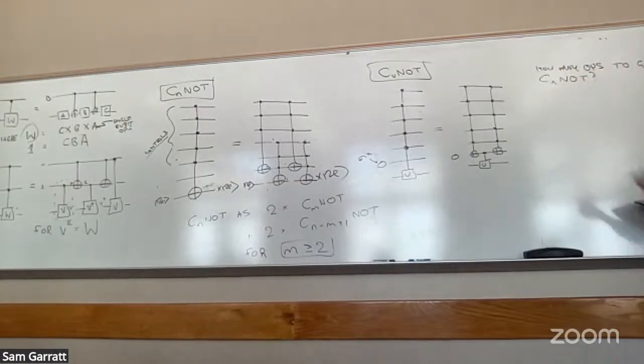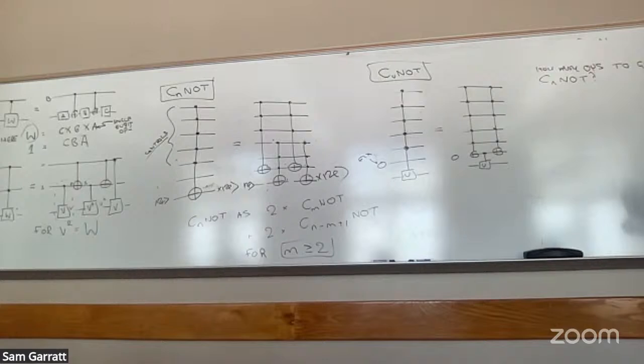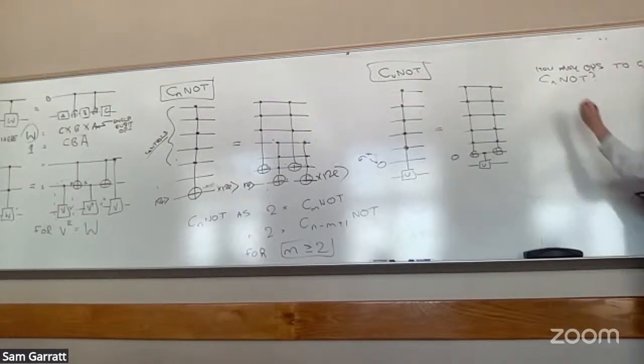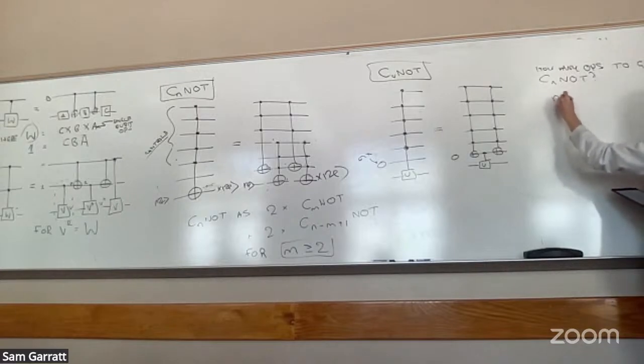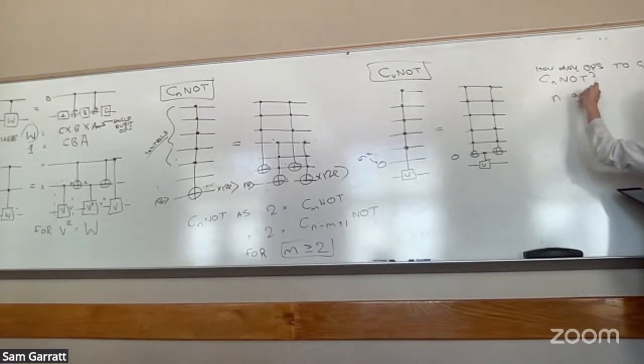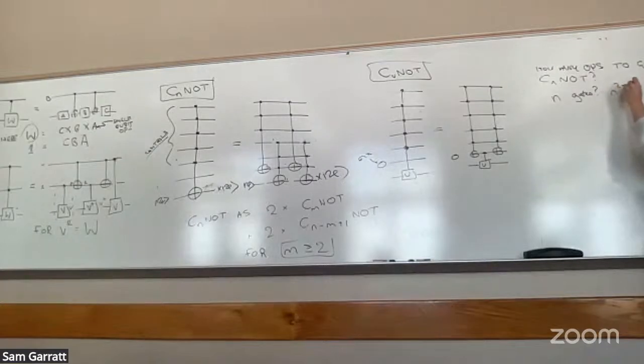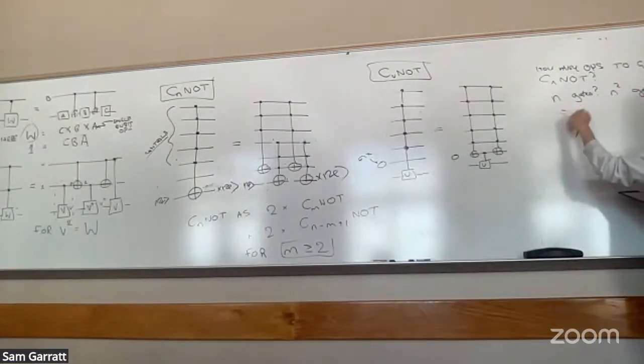Basically, what I want to know is how this cost scales. I don't want the exact cost. I want to know if it costs like n gates, or like n squared gates, or like 2^n gates, for example.